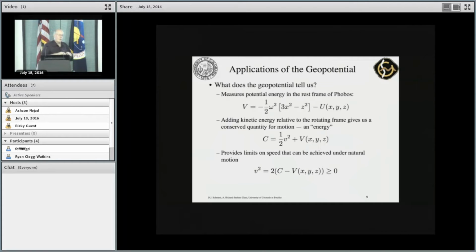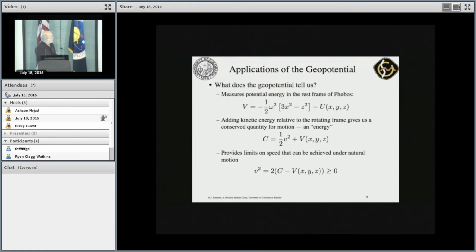So these are the very direct applications of the geopotential. There are actually a lot of interesting dynamical phenomena that we can extract from this, which relates to how fast you can or would want to walk across the surface, what the outcome is if you happen to slip and fall on a banana peel, say, and interesting things like that.